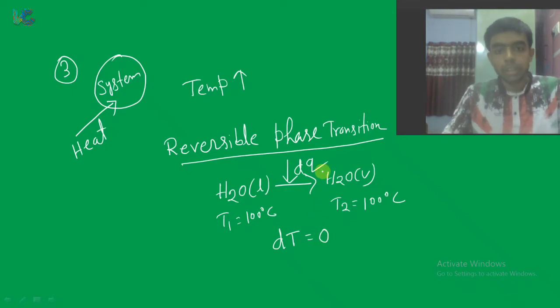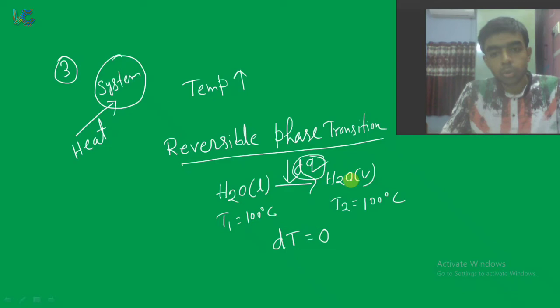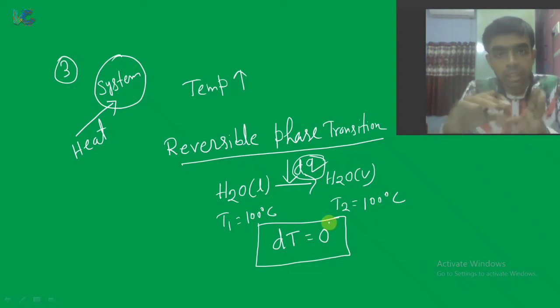But the system is taking heat. That means dq amount of heat is supplied to the system, and H2O in liquid moves to vapor. T1 is 100 degree centigrade and T2 is also 100 degree centigrade.